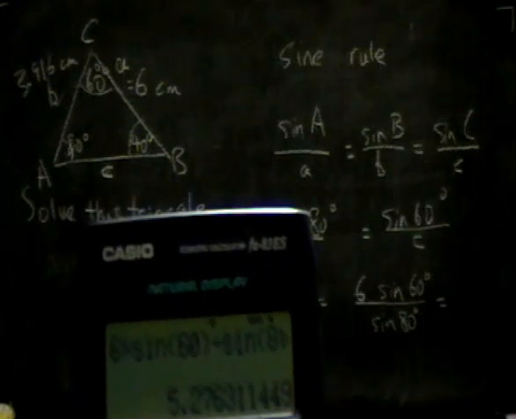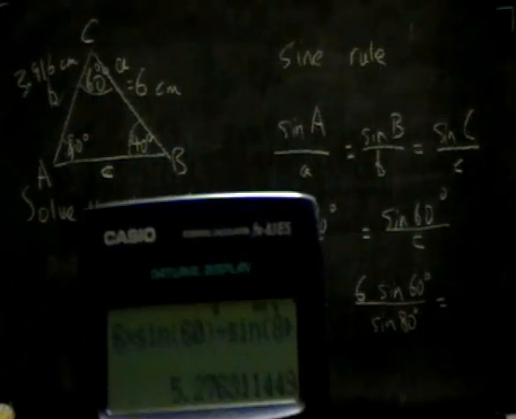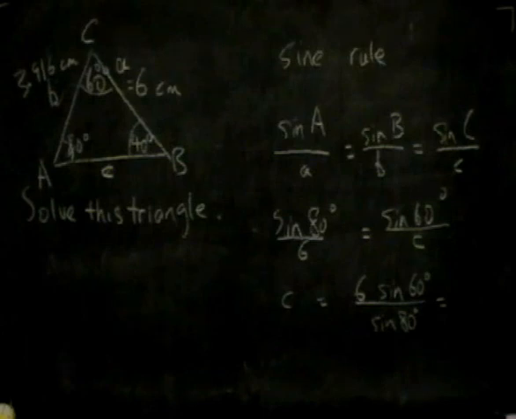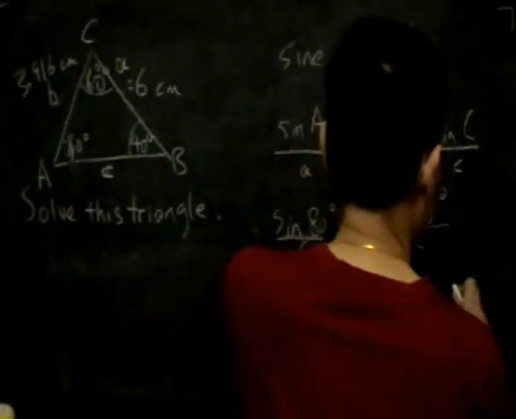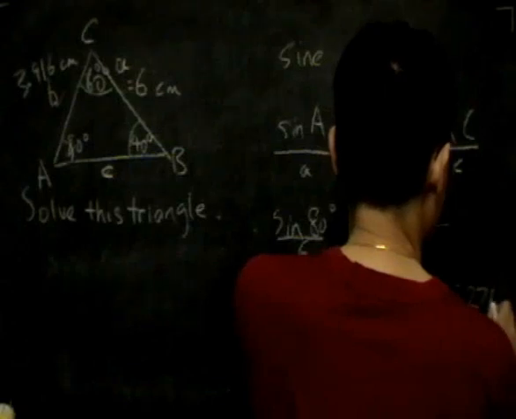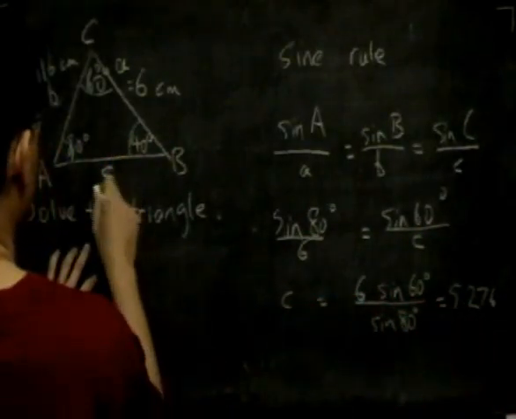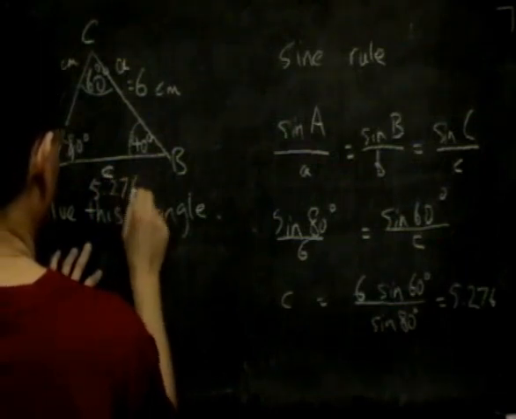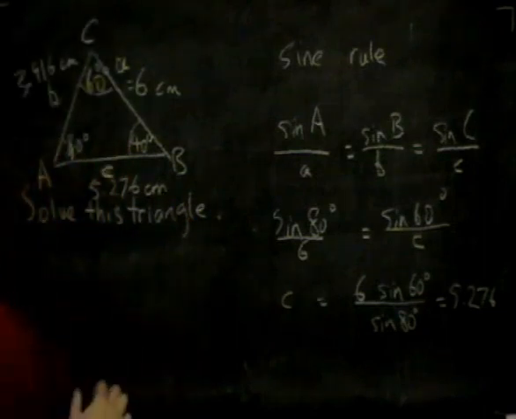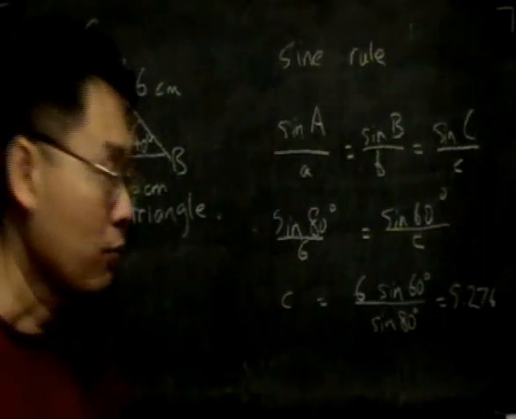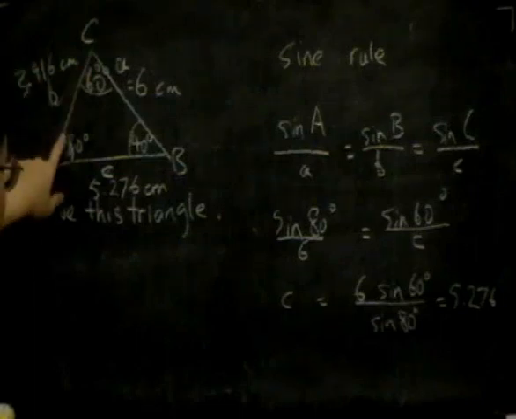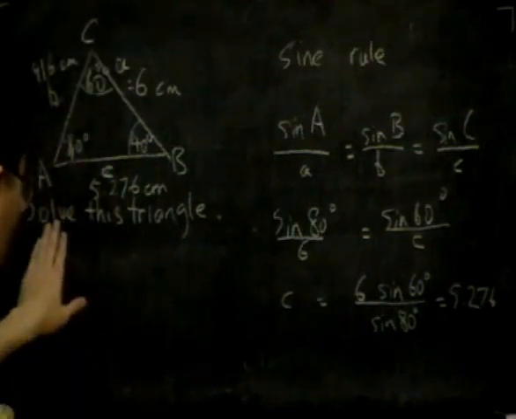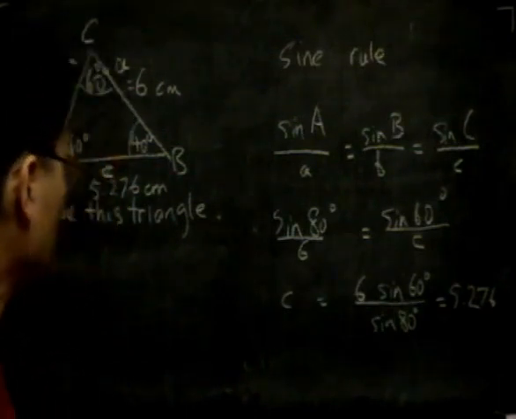And the answer is 5.276. Right. There we are. 5.276 centimeters. And now you see that I have found all 3 angles and all 3 sides of the triangle. I have solved this triangle. That's how we answer this question.